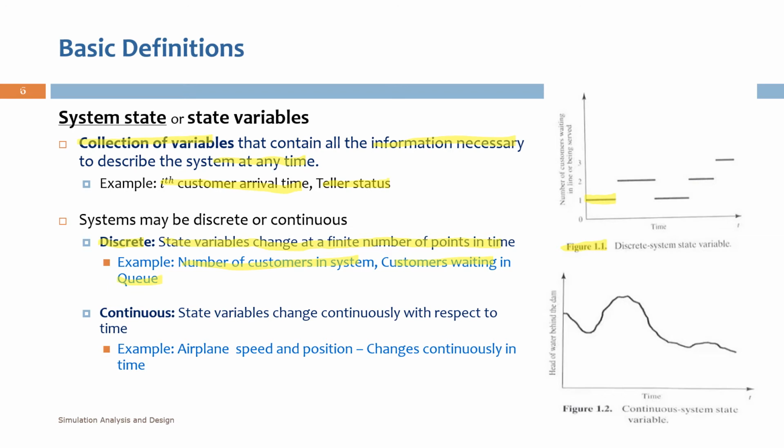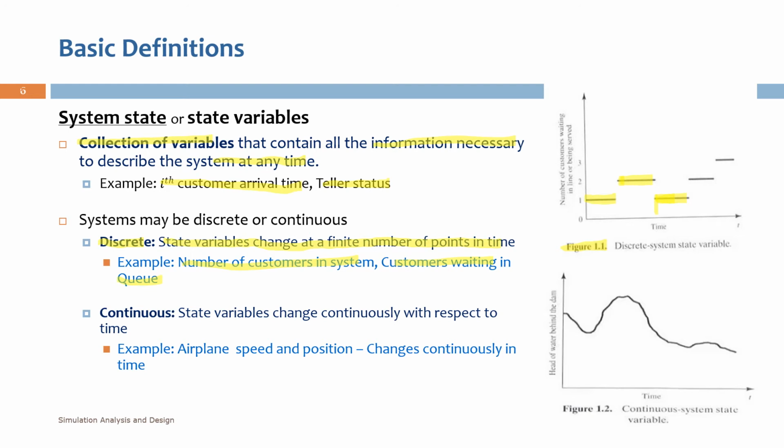So the number of customers in line will change to 2 at this point, and it will remain 2 again for a while. And then at this time the teller, let's say, becomes free, and the teller starts serving the first customer in the line. So the number of customers in the line will drop to 1 again here, and again it remains 1 for a while.